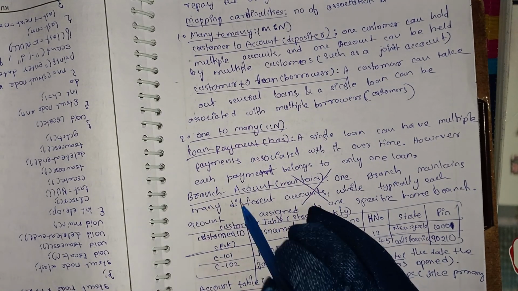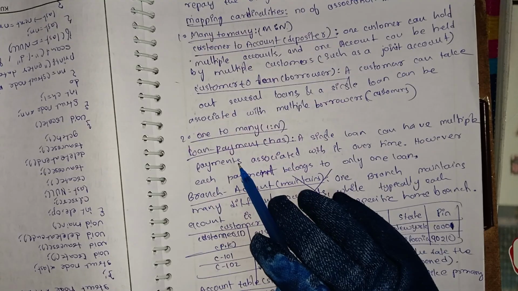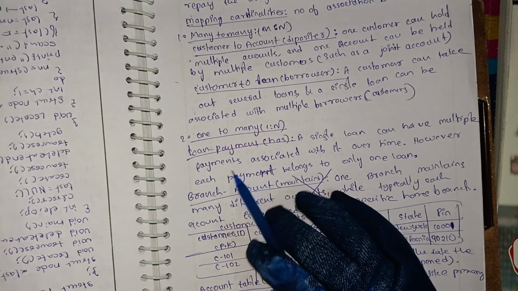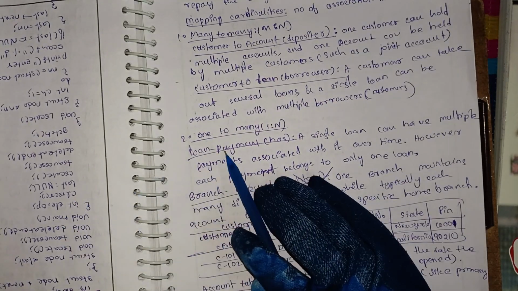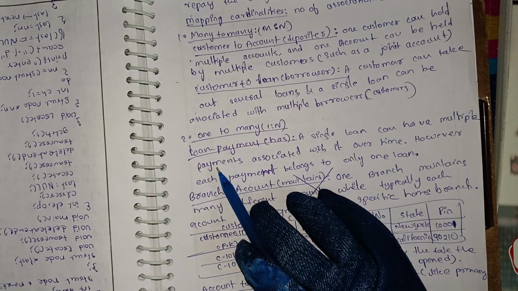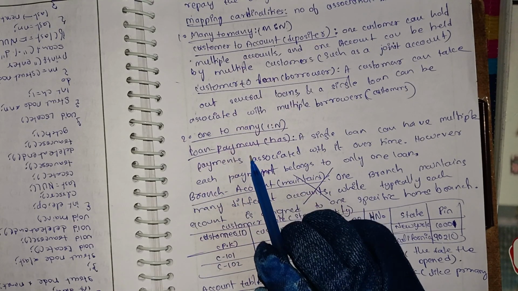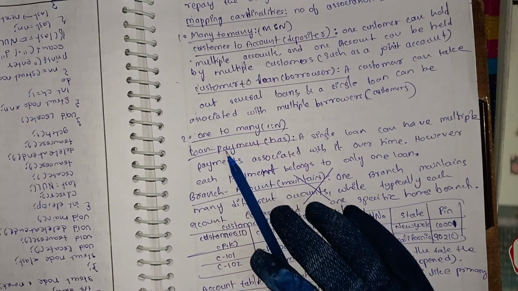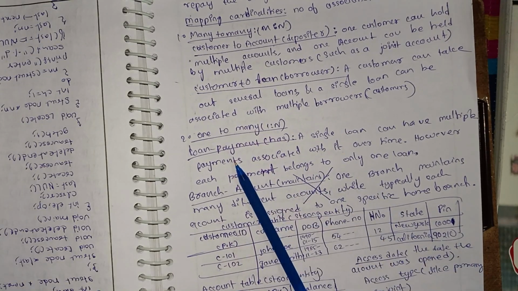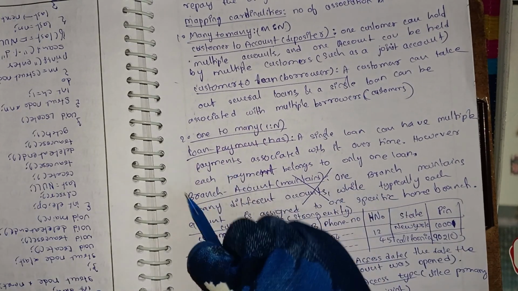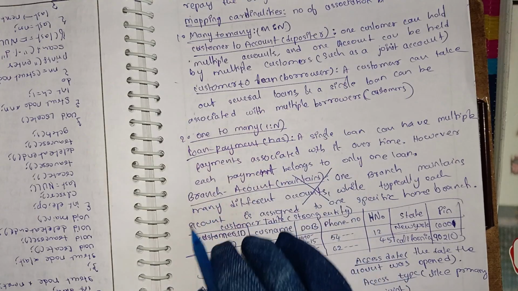Like if we take a loan, then we have to pay monthly, a fixed amount monthly.